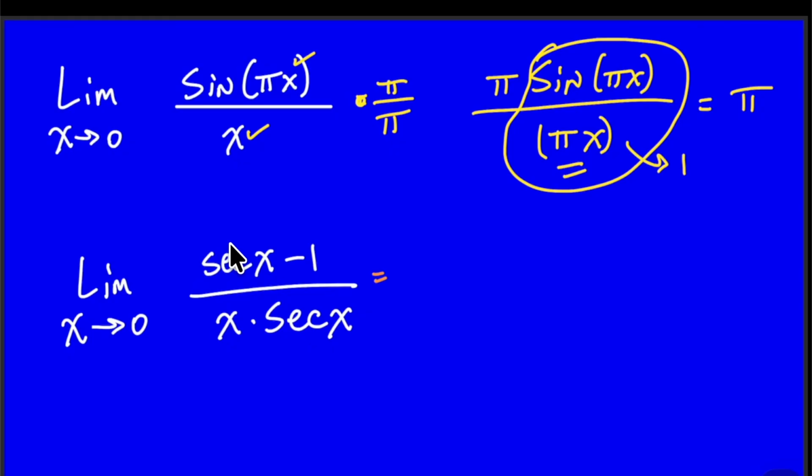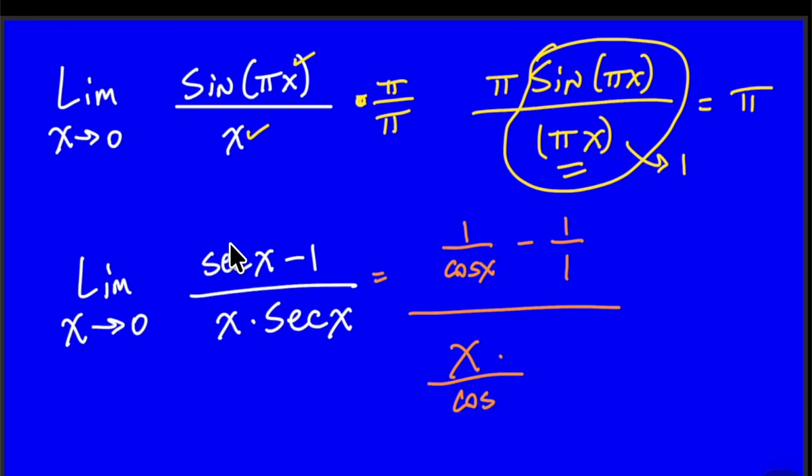Down below we recognize secant as 1 over cosine of x. We're going to replace secant with 1 over cosine x accordingly. Up top, we're going to multiply this fraction by a version of 1 to create a common denominator.